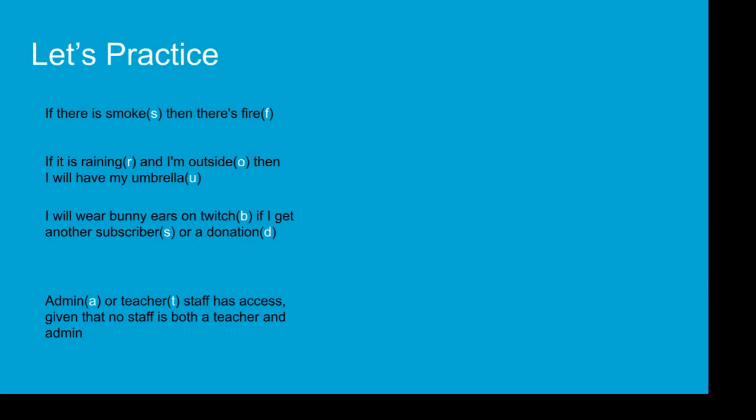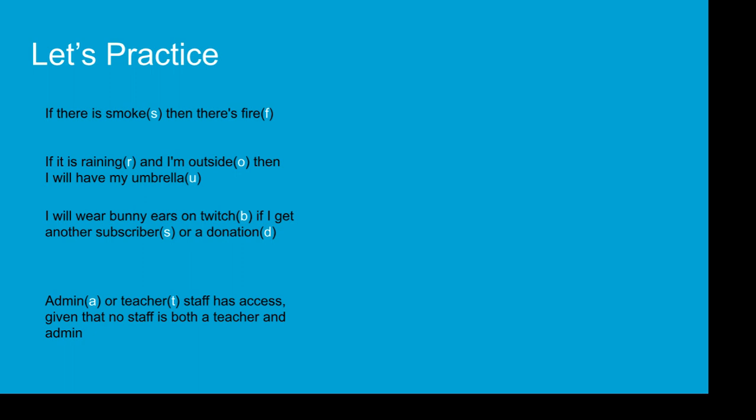Okay, so let's look at some examples. If there's smoke, we'll call that S, then there's fire. We'll call that F. So what kind of a relationship is this? It's an implication. And what's the implication?